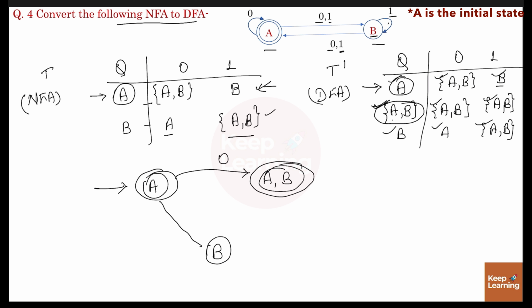By taking 1 you are reaching at B. A self loop of 0 and 1 is defined on AB. And from B by taking 0 you are reaching at A, and by taking 1 you are reaching at AB. So this is our final DFA corresponding to the given NFA.